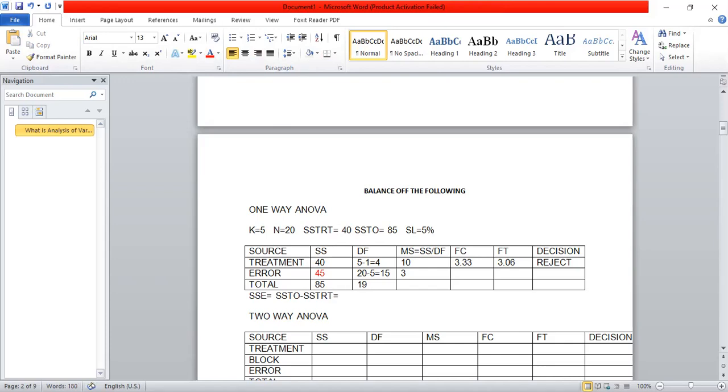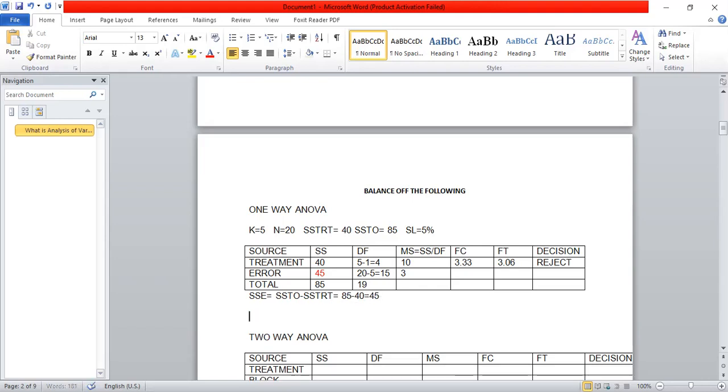So we found 85 minus 40. This is what gave us 45. Is that clear? Yeah. Then the degree of freedom for the treatment. How did you find degree of freedom for the treatment?